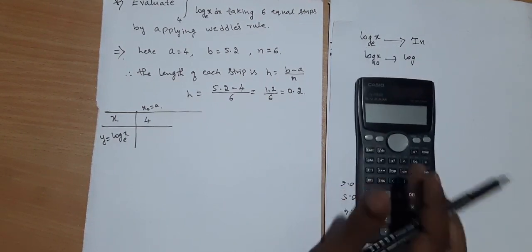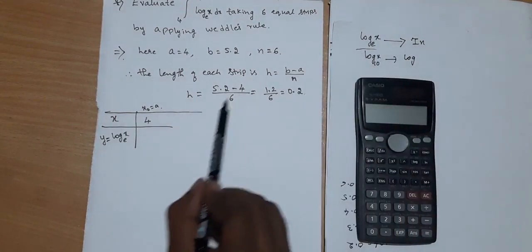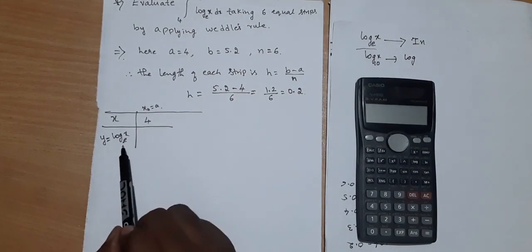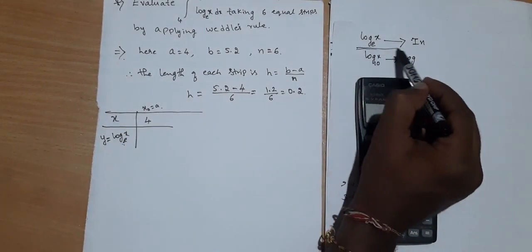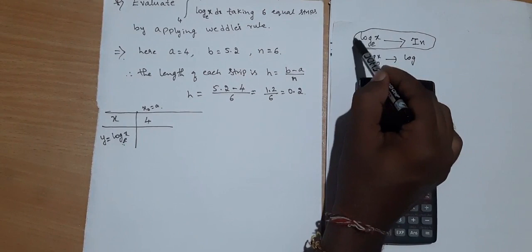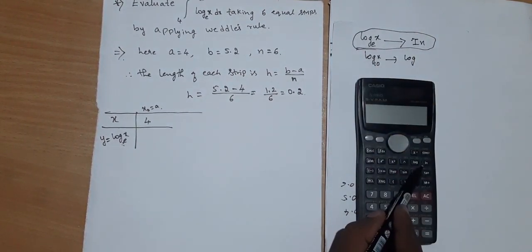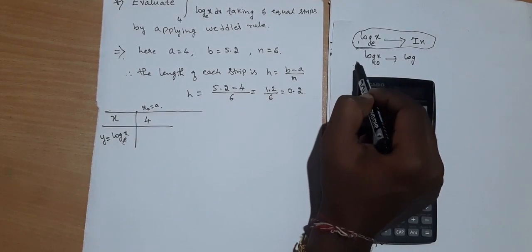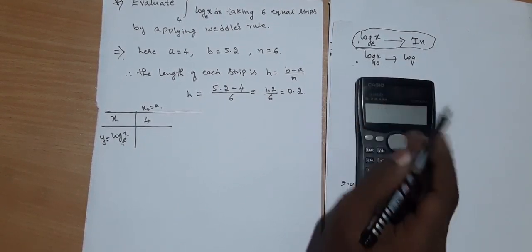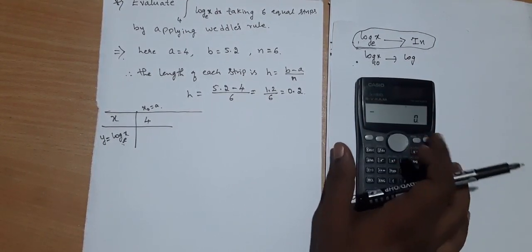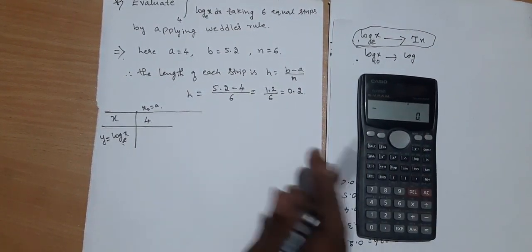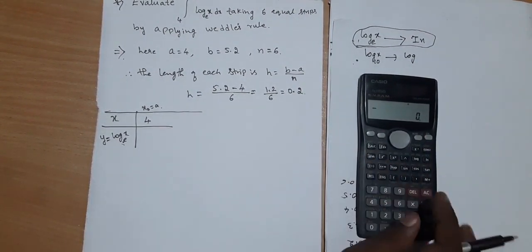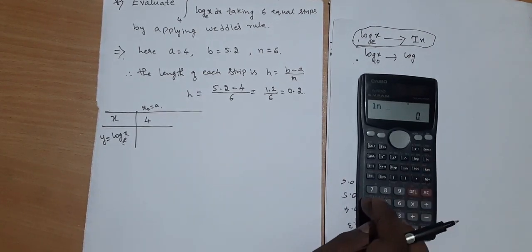So which one will you use now? You have base e, so you have to use ln in the calculator. Remember this, it is very important in calculations. So what do you get here? ln 4.